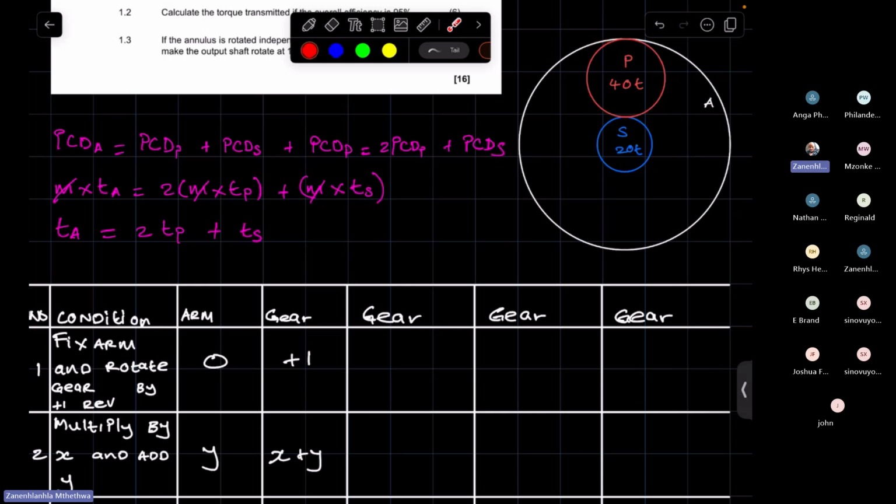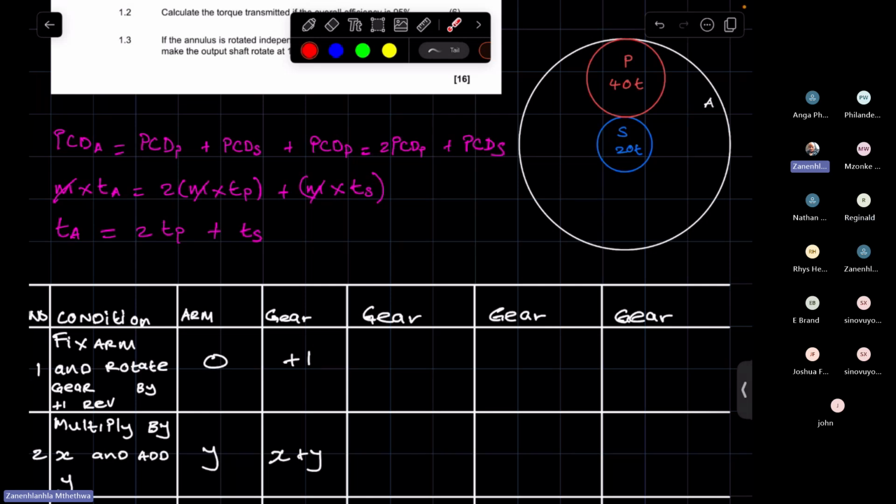Hence, next to the annulus I'll have the planetary gear. Next to the planetary gear, I'm going to have the gear that meshes with the planetary gear, which is the sun gear. Are we together now? Yeah, definitely.